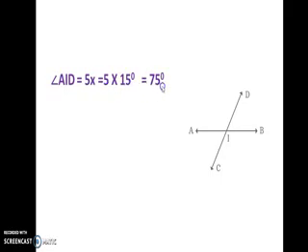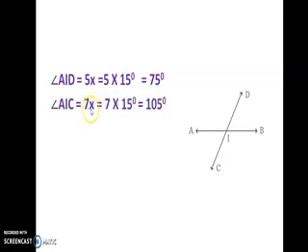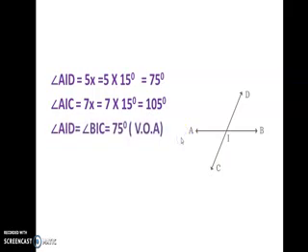It becomes 75 degrees. So angle AID is 75 degrees. Again you substitute the value of x in 7x. Now the value of angle AIC becomes 105 degrees. Yes. Now you got the value of two angles, that is angle AID is 75 degrees and angle AIC is 105 degrees.